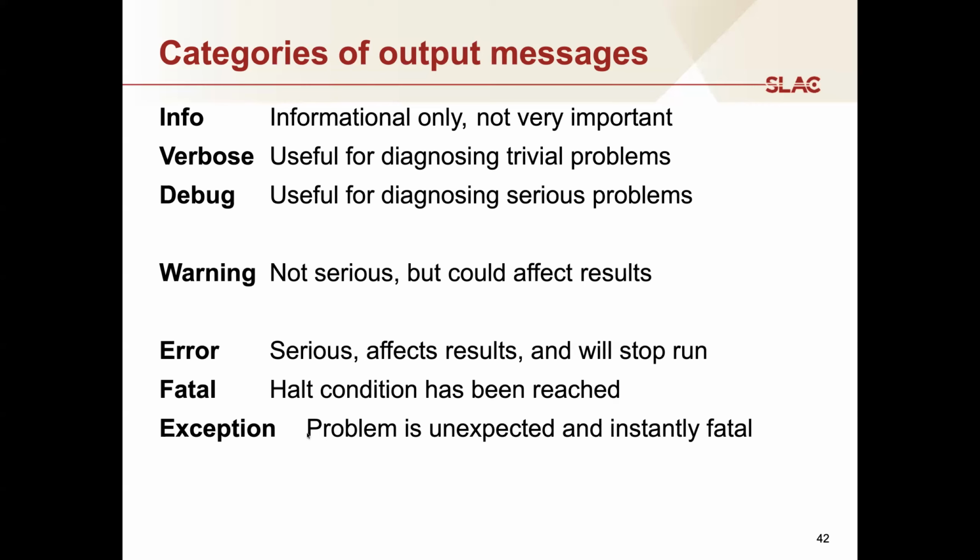And then exceptions are reserved for things that were completely unexpected, and that the core engine or the module or the tool simply could not handle. Usually those are instantaneously fatal. The simulation will exit immediately. It might save a dump and it might not.